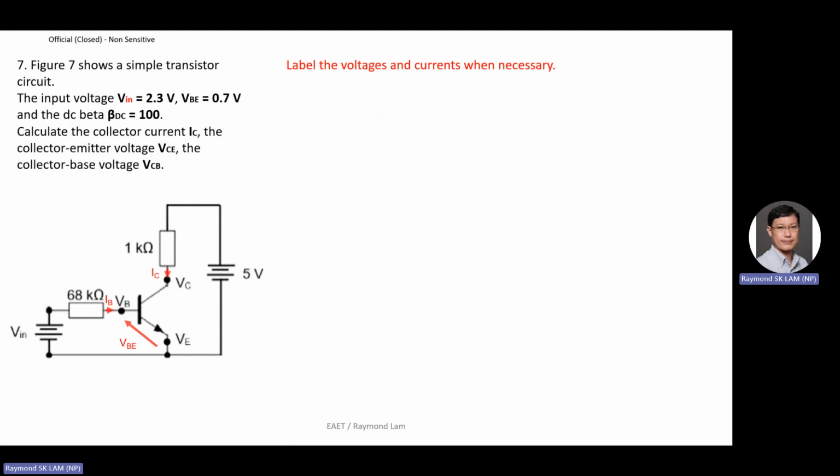Now if you have a voltage, you need to label it with an arrow, like this red arrow here. Voltage has polarity, right? So when you write VBD, this is the voltage, and then you have the polarity, which in this case is represented by the arrowhead and arrow tail.